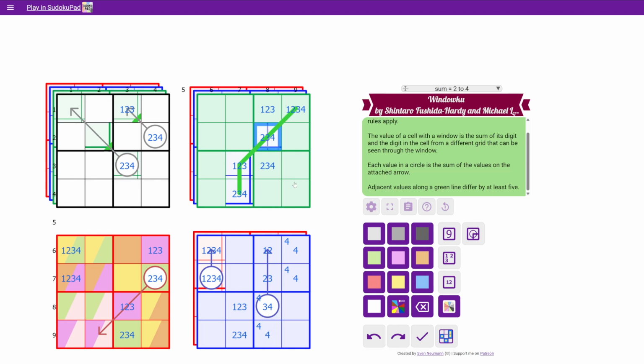But this cannot be 2, because then at maximum it would only be 5 in this cell. And 5 cannot be on a green line because its neighbor will not be 5 or more away. It had to be 0 or 10. And we can only make up to 8.